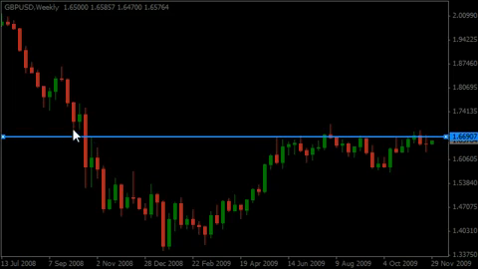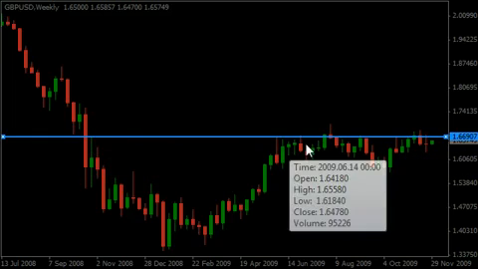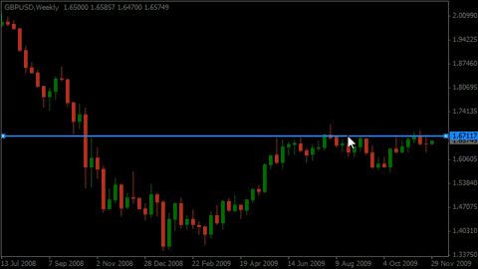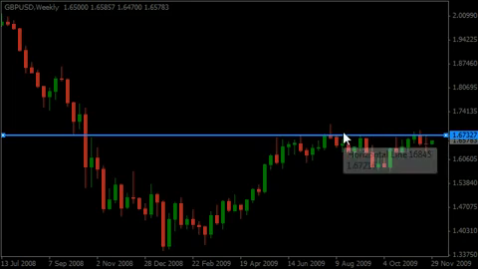This is what we call long-term support and resistance. This is on the weekly chart, so each bar is 1 week. And as you can see, support and resistance back here, and it's become resistance all the way along here over the past few weeks. So we're going to put that line in.